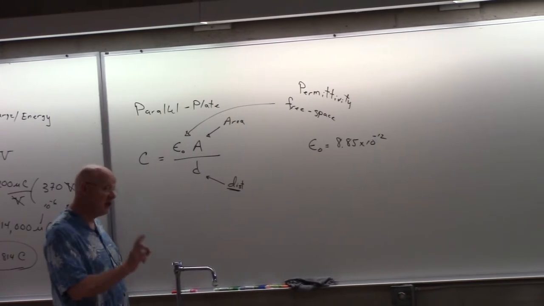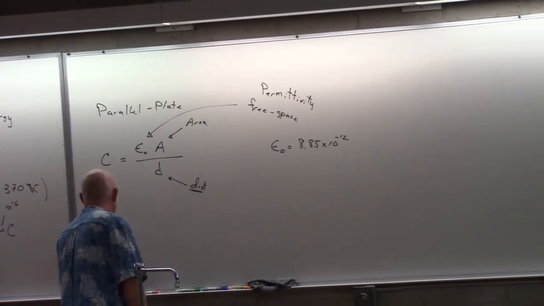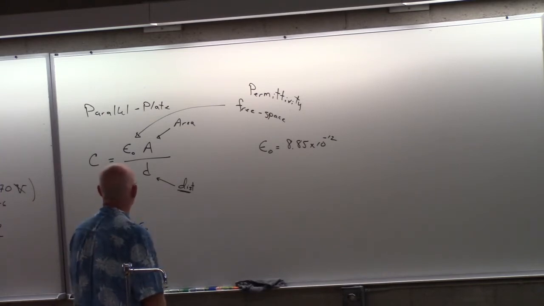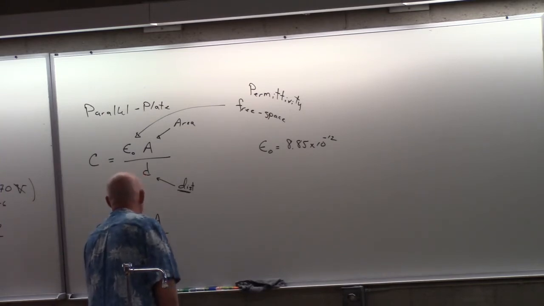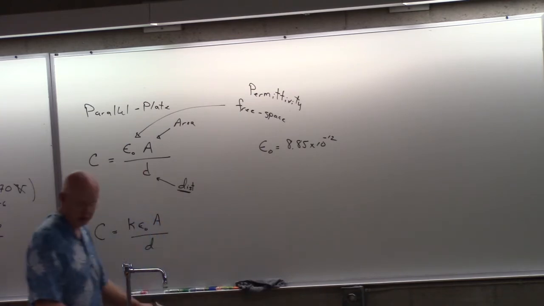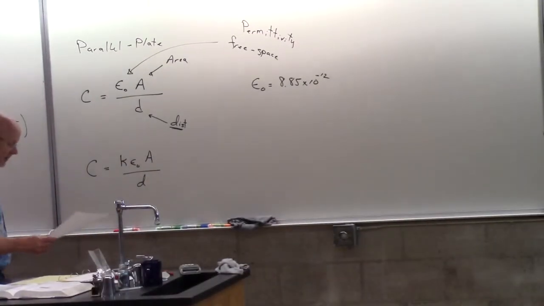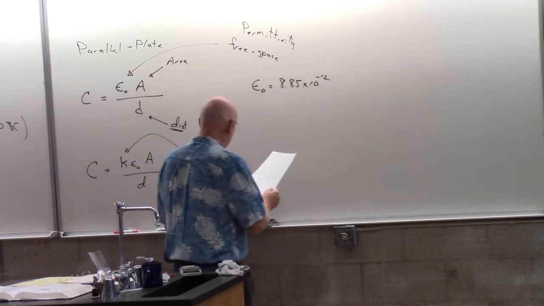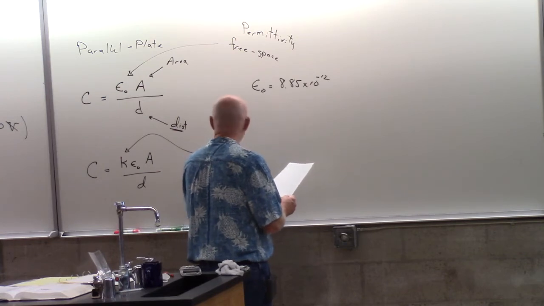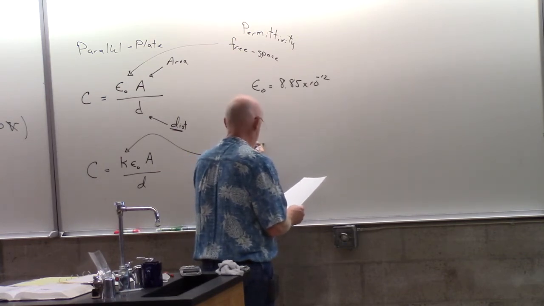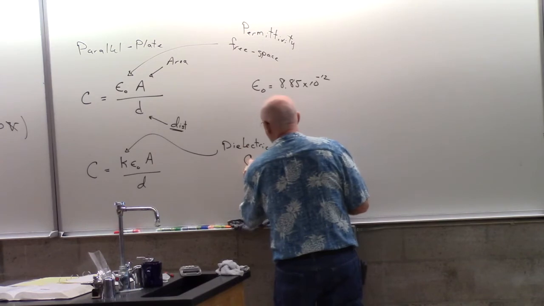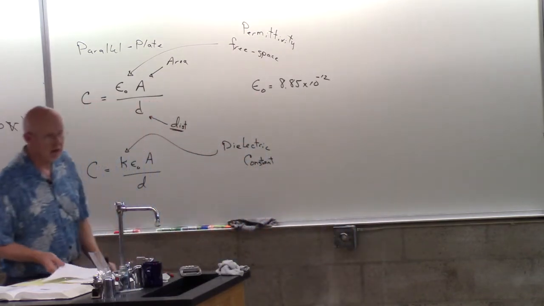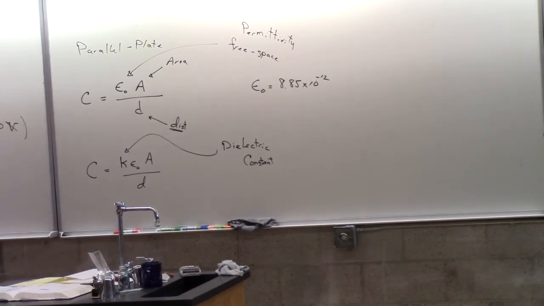But if I don't have free space, then that number is increased by some factor. And so we like to say that the capacitance is increased by a dielectric constant. How much more is the capacitance?